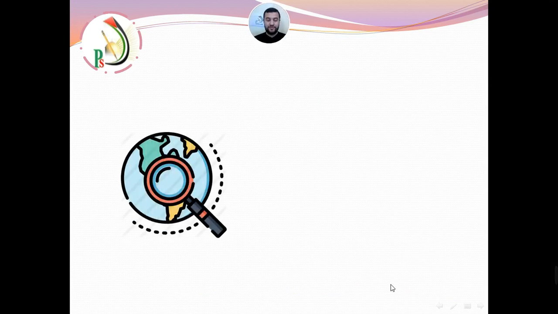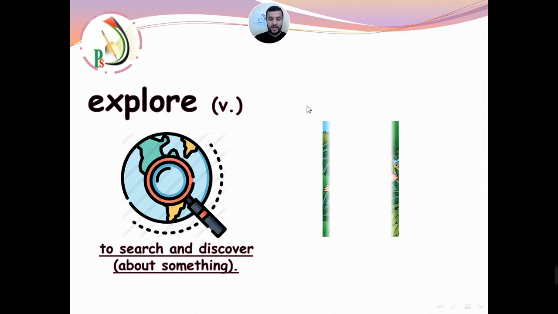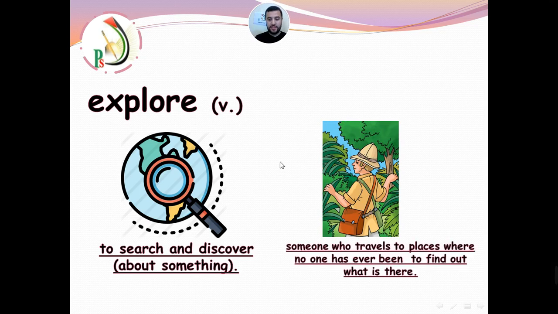The next word, we have 2 words here. Actually, the first one is a verb and the second one is a noun. The first one, to search and discover about something. We call it explore. Explore a new place. And the noun, or the person who is doing this, someone who travels to places where no one has ever been to find out what is there.